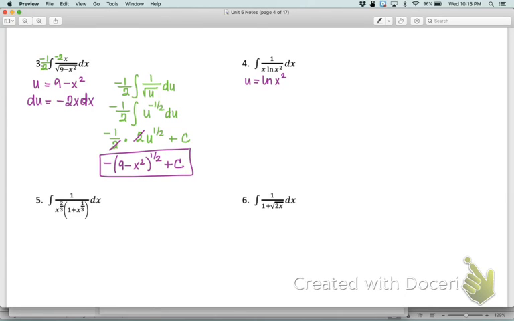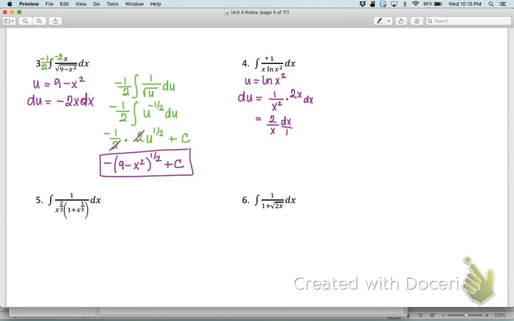Okay. When I do that, my du is going to be 1 over x squared times 2x dx, which means we get 2 over x dx. Now, the dx is in the top because that's over 1. But now the x is in the denominator, which is what we want.